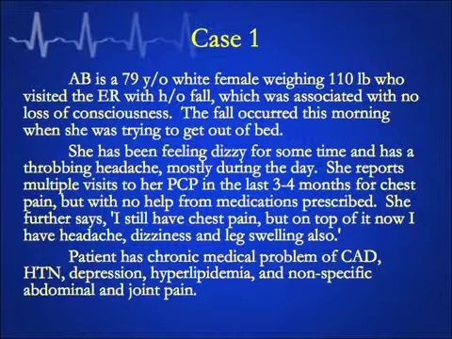She reports multiple visits to the primary care physician in the last 3 to 4 months for chest pain, but with no help from the medication prescribed. She further says, I still have chest pain, but on top of it, now I have headache, dizziness, and leg swelling also. Patient has chronic medical problems of coronary heart disease, hypertension, depression, hyperlipidemia, and non-specific abdominal and joint pain.